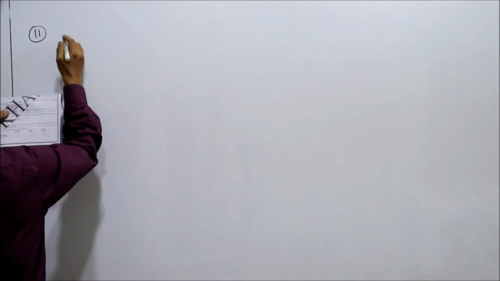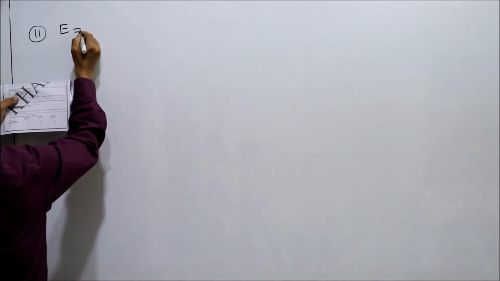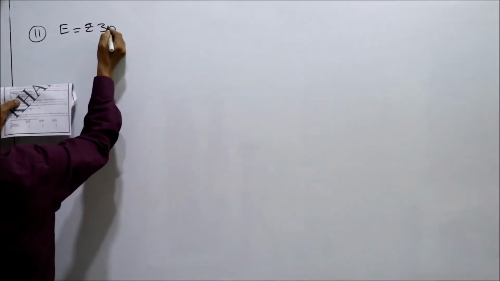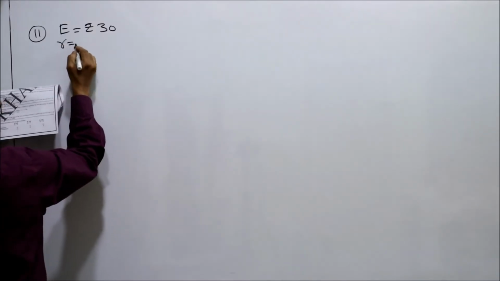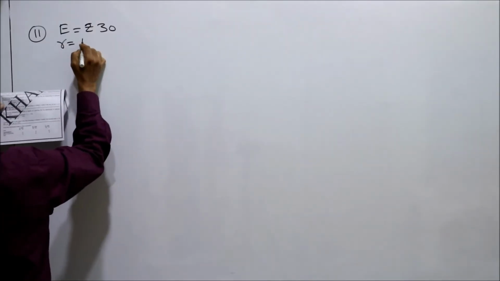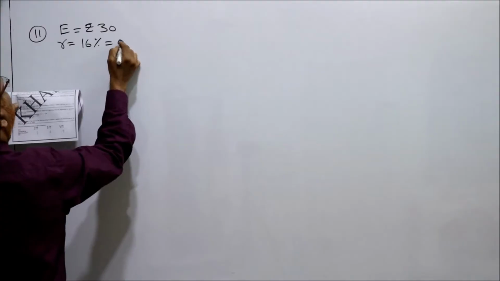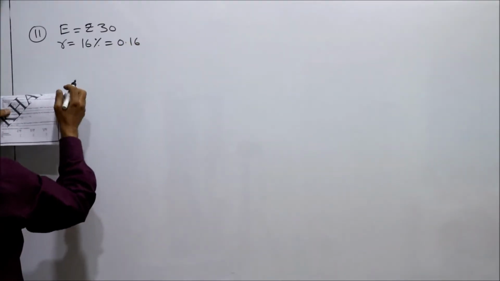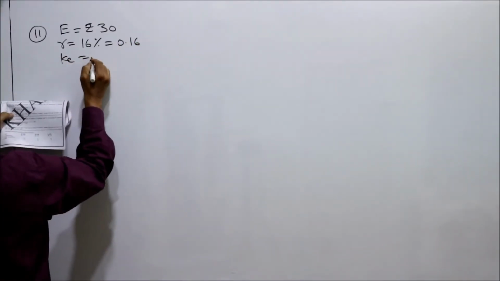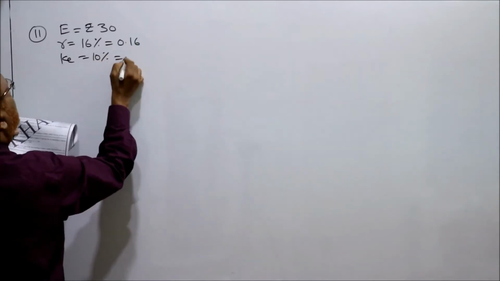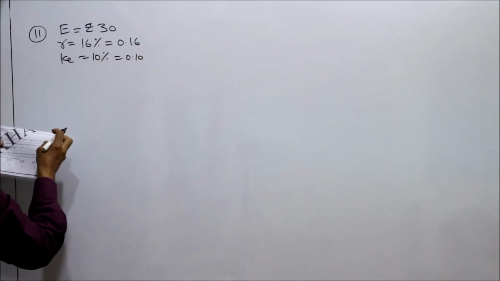So first of all, problem number 11. Earnings per share. How much is the EPS given? 30 rupees. Then R is equal to 16%, 0.16. Then KE, cost of capital, is given as 10%, 0.10.